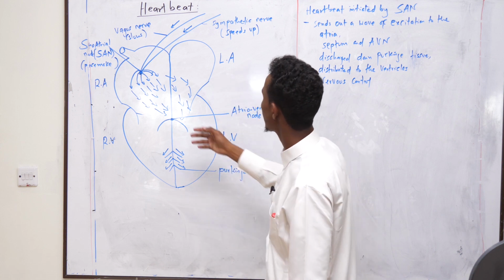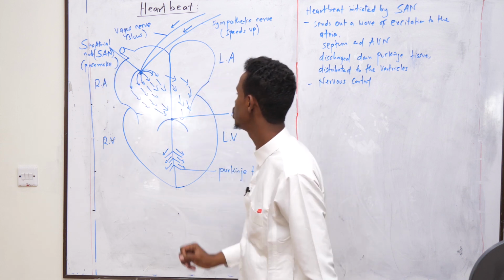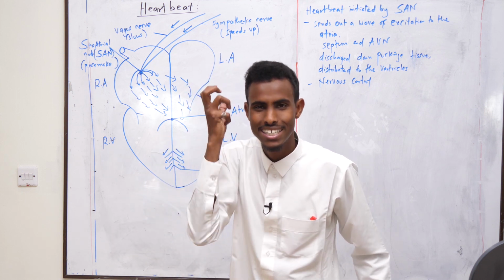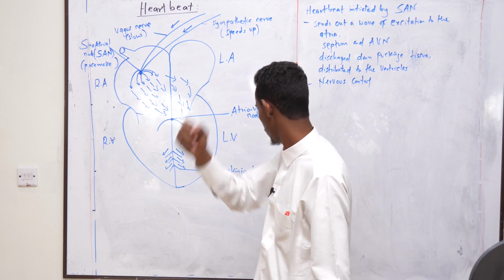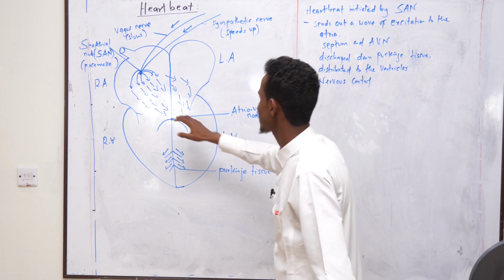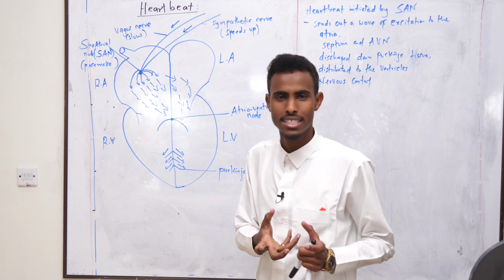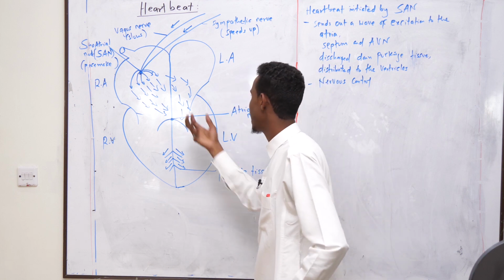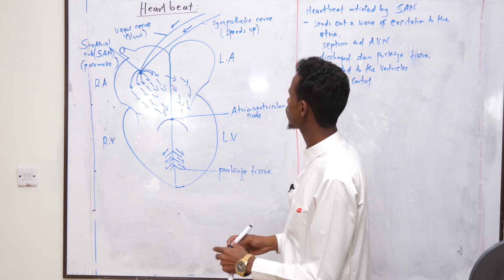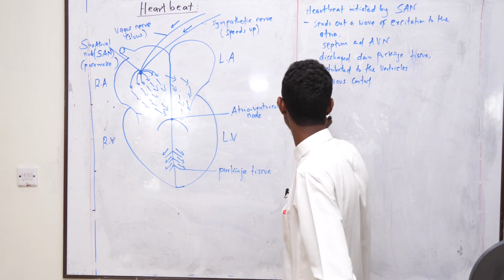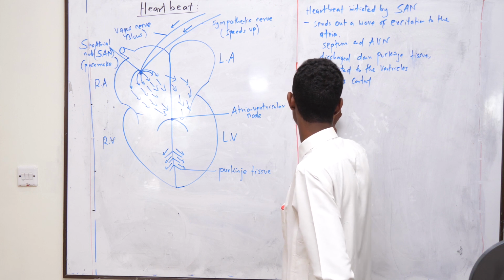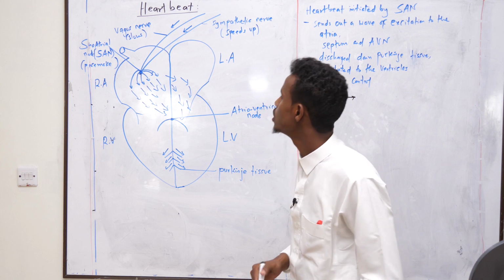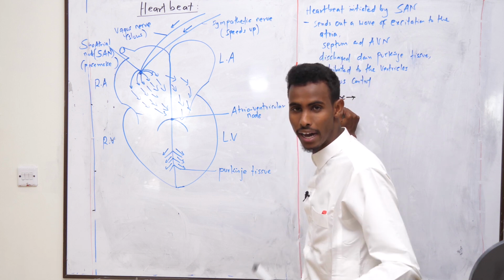Although the sinoatrial node initiates the heartbeat, we say the rate of the heartbeat is under nervous control. We have two nerves here. You can see we have the vagus nerve. The vagus nerve slows down the rate of heartbeat.